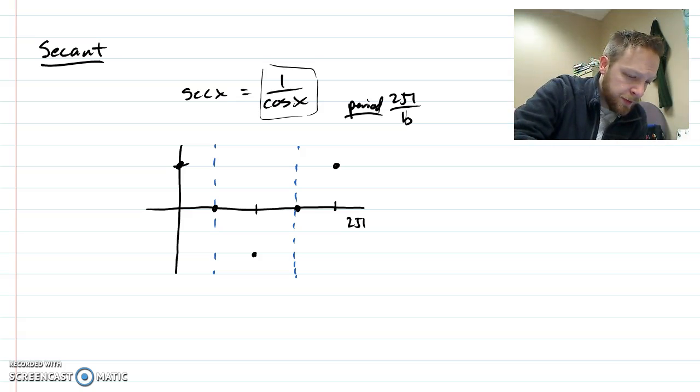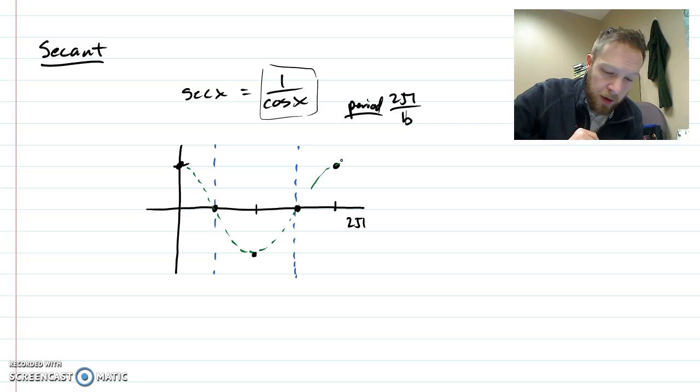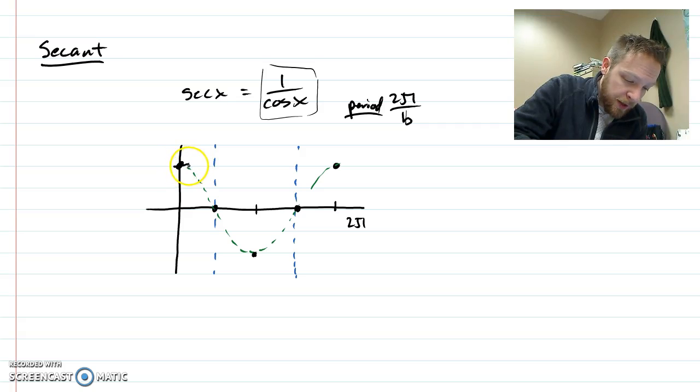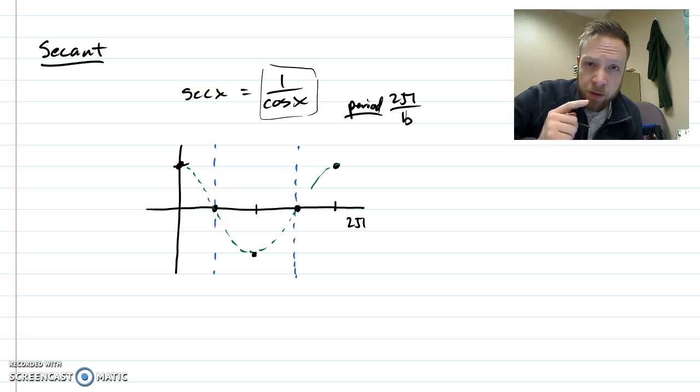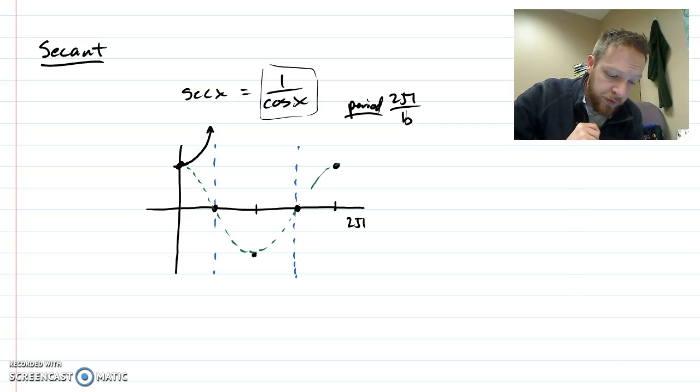Now a normal cosine would kind of go like this. And so we think of it a lot like what we were doing with cotangent. And we think, alright, as I'm getting closer and closer to 0, the reciprocal should be getting closer and closer to infinity. So what happens here is the graph will get closer and closer to infinity that way. Same with the other side.